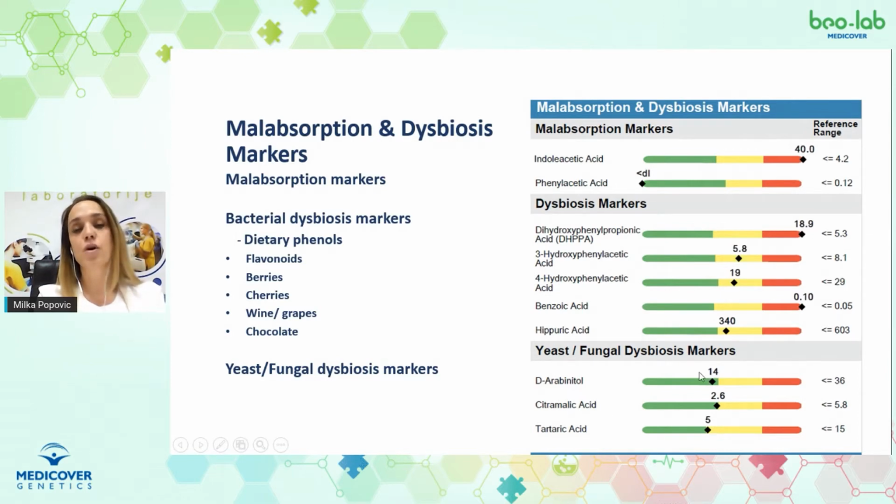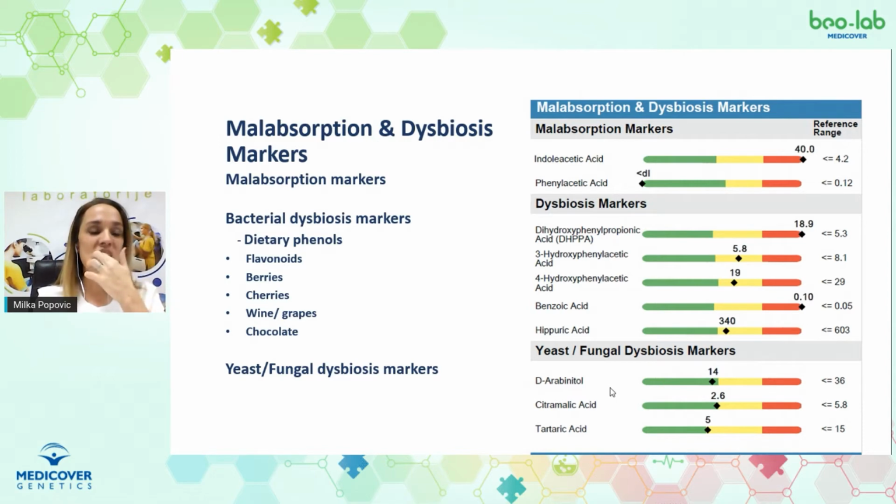The last one is the yeast or fungal dysbiosis markers, which refer to fungal dysbiosis in particular, because in children we find a higher presence of fungi in their digestive system. And arabinitol is a very specific marker that can point to the presence of fungi.